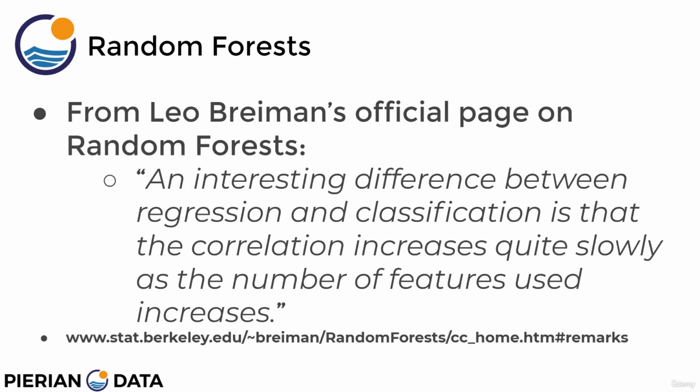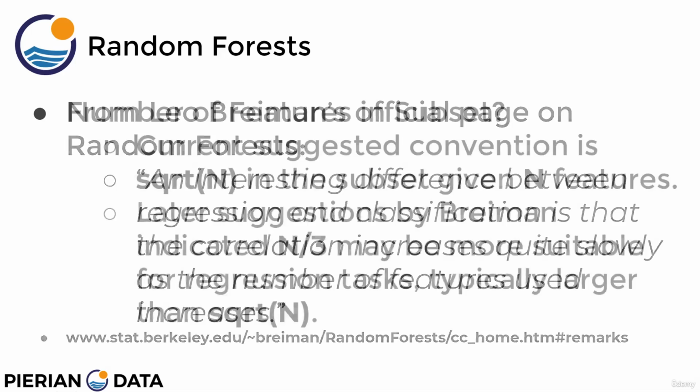Now, if we take a look at Leo Breiman's official page on random forest, he actually has a very interesting remark. He notes, quote, "An interesting difference between regression and classification is that the correlation increases quite slowly as the number of features used increases." So what does that actually mean in practice?